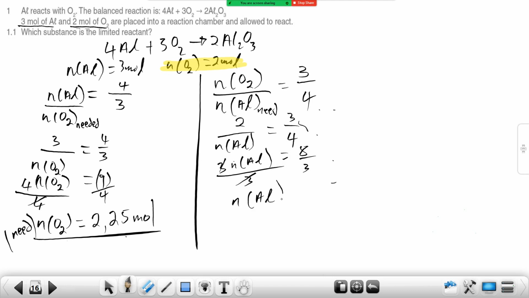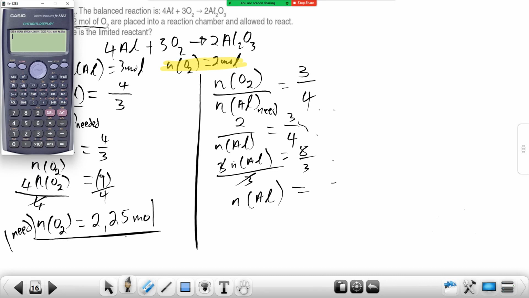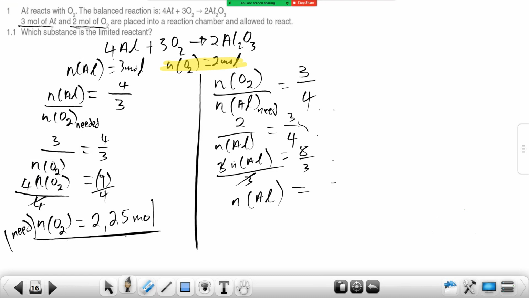Then n of aluminium, because I don't trust you anymore, I am going to open my calculator, which is 8 divided by 3. It will give me something like 2.67.